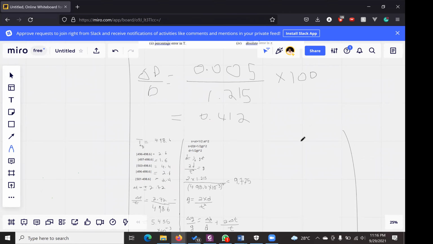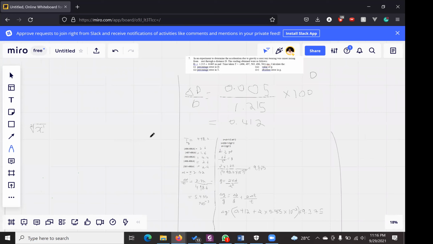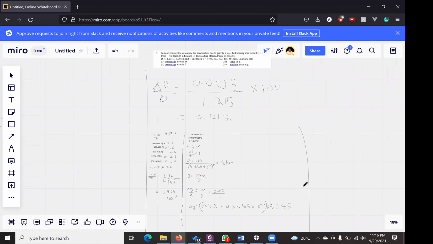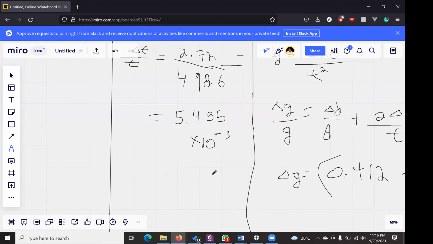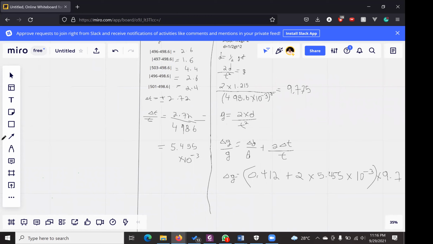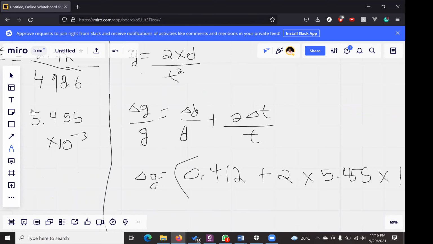Make those changes, please, everybody. The question had asked for the percentage error in D. Similarly for T. I just wanted to be sure, because I was like, what if my calculator is wrong?